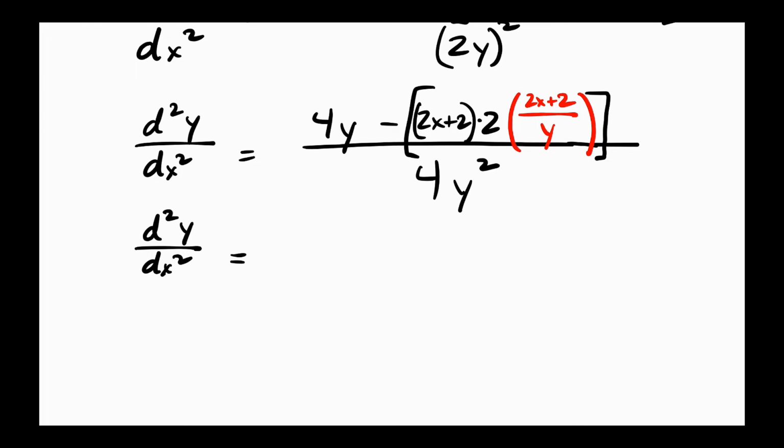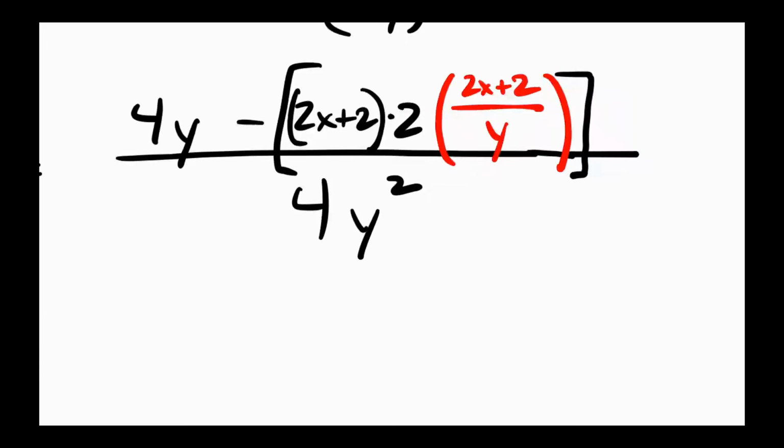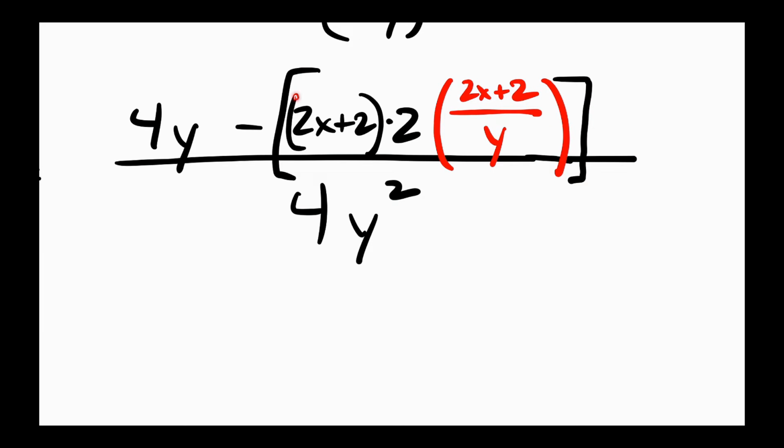Okay, so most of the work is going to be done on the inside of the brackets. You see on the inside of the brackets, I have this times 2 times this, right? So this right here is really 2 over 1, and this right here is really over 1. So you multiply the tops and multiply the bottoms.